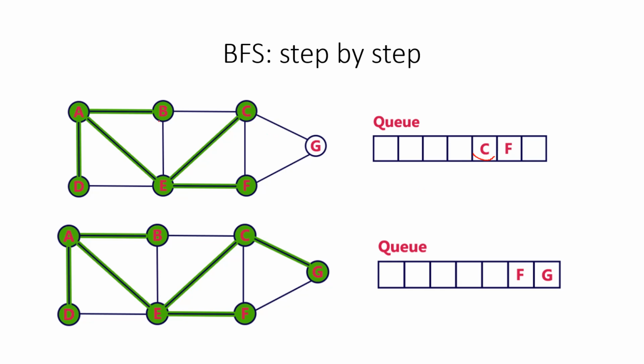From C, B we discovered, E we discovered, F is in our queue, and the only other adjacent element of C is G, so we put G into our queue and take out C. We have F and G. So we take out F, but F doesn't have any neighbors that are not discovered, so we take out F. Then we take G, and G has nothing undiscovered either.